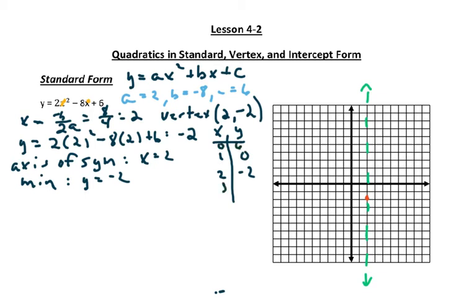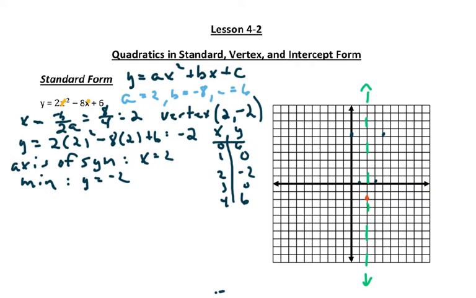Then we've got 3, 0, and 4, 6. And I'll quickly plot those. I've got 1, 0. I've got 3, 0. I've got 4, 6, and I've got 0, 6.